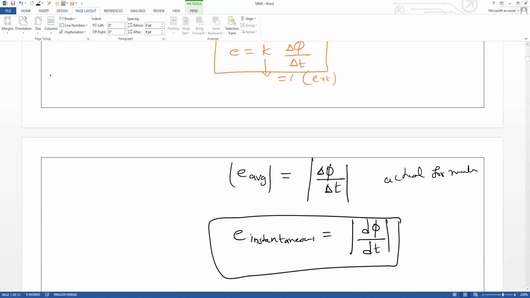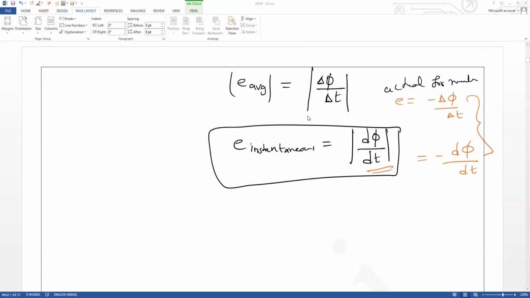They are magnitudes. If you put mod, whether positive or negative, it turns into positive. But the actual formulas are minus delta phi by delta t, and in the same way minus d phi by dt. And this is the magnitude, mod, so it will be positive only inside the magnitude.